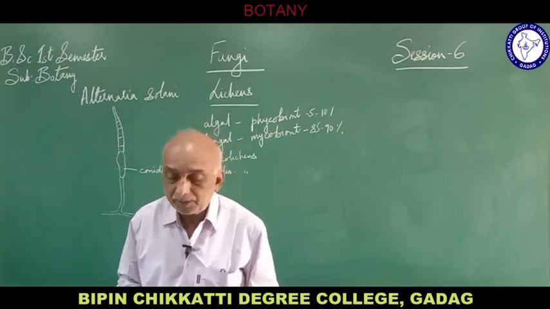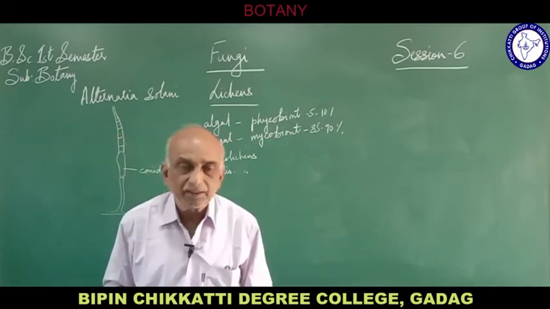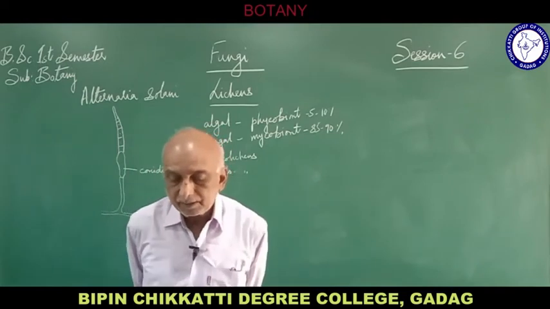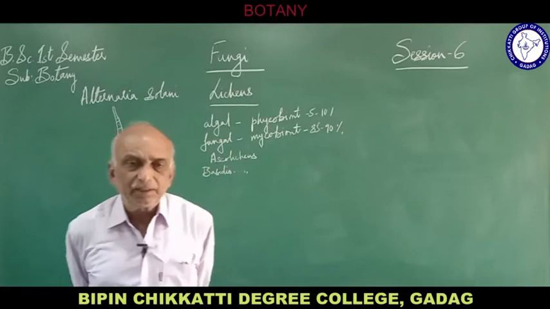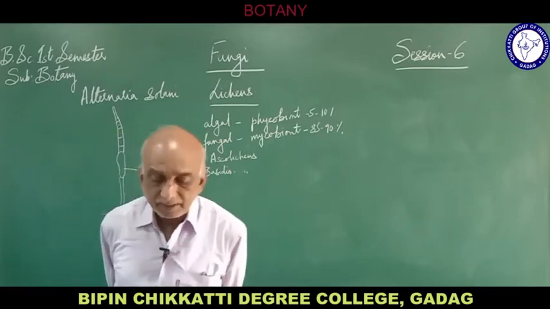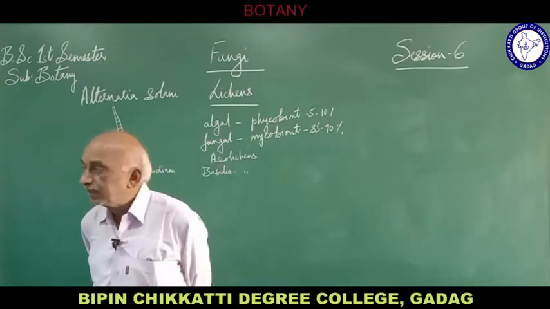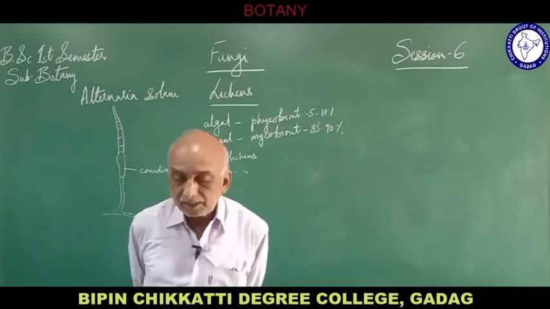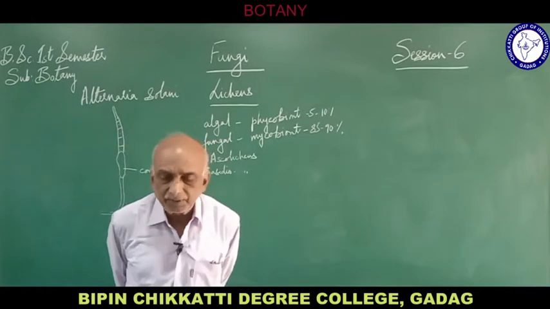They can live without water, and hence they are xerophytic in nature, so they can withstand the drought conditions for a long period. Even the lichens grow on soil, on rocks, and on the bark of the trees, and some lichens grow even on leaves of the plants. So the lichens grow in different kinds of habitats.